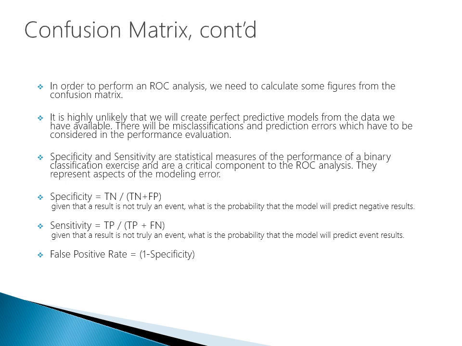Sensitivity, on the other hand, is the true positive divided by the true positive plus the false negative, and can be interpreted as, given that a result is truly an event, what is the probability that the model will predict event results? And we can calculate some additional metrics such as the false positive rate, which is 1 minus the specificity.